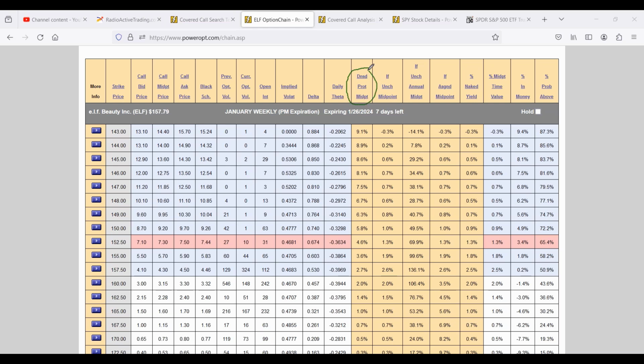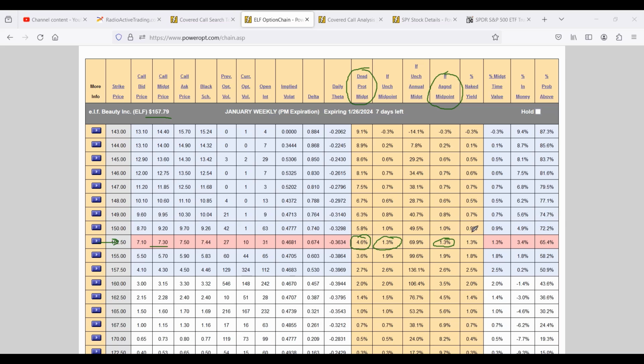The downside protection, the option premium midpoint divided by the underlying stock price, is how far the stock can drop percentage-wise before you're technically losing money on the position. The percent if assigned, in this case, is equal to the percent if unchanged. If the stock doesn't move, you'd still be assigned. If the stock's above 152.50, you'd make 1.3% return in 7 days.